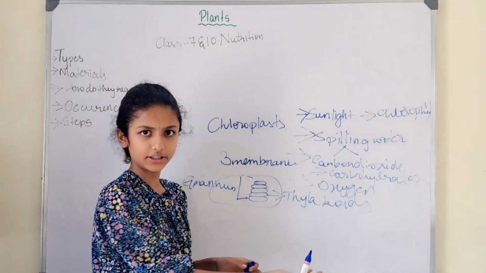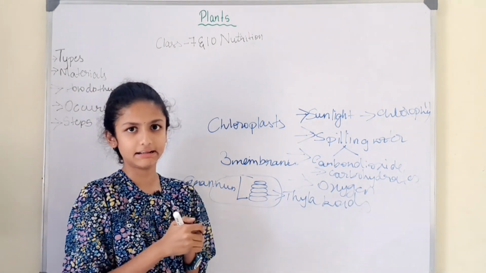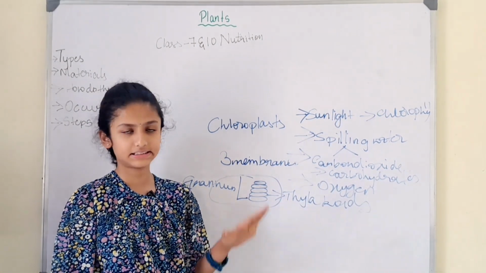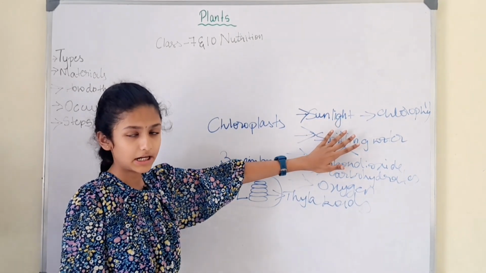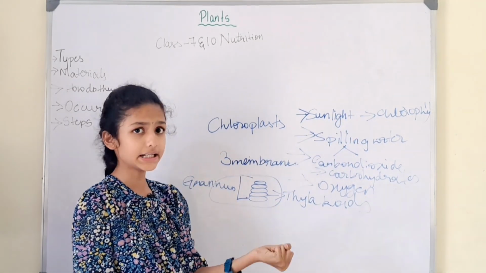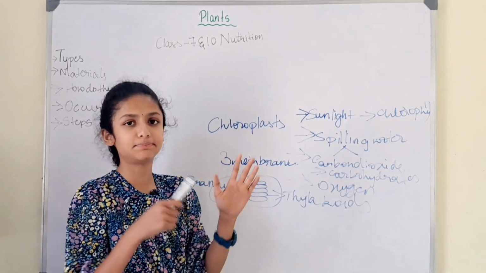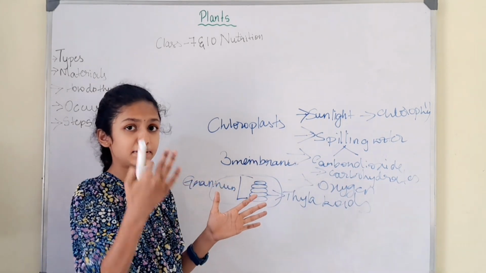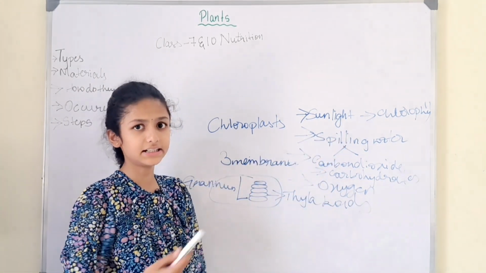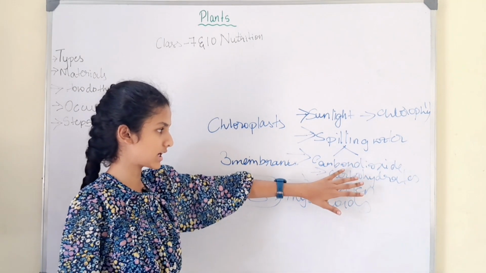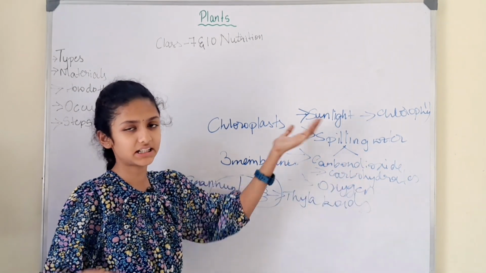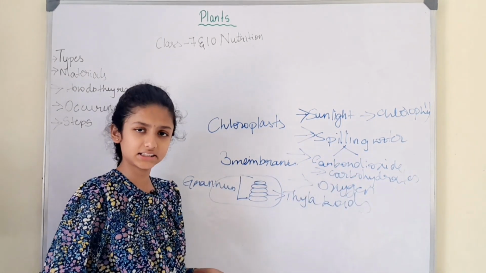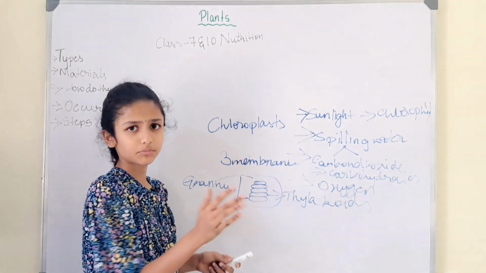Of course, carbohydrates are also end products. I'll revise this. First, chlorophyll absorbs sunlight. With that energy, the water molecules get split. To that split water, carbon dioxide reacts. It forms carbohydrates, meaning glucose. And the excess oxygen is released out.